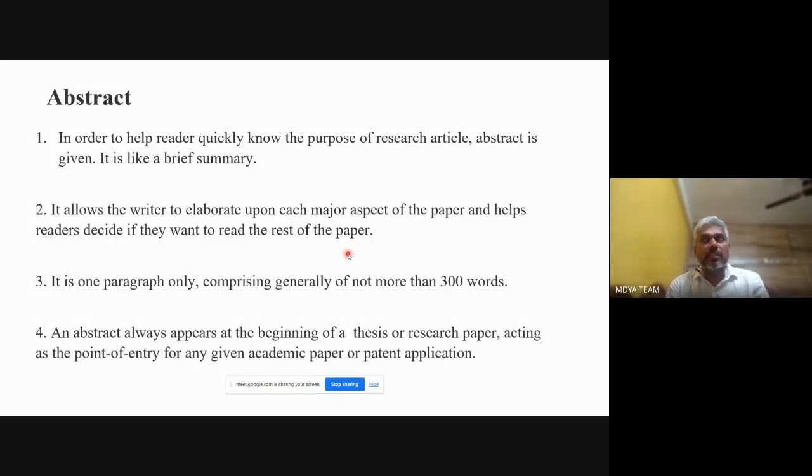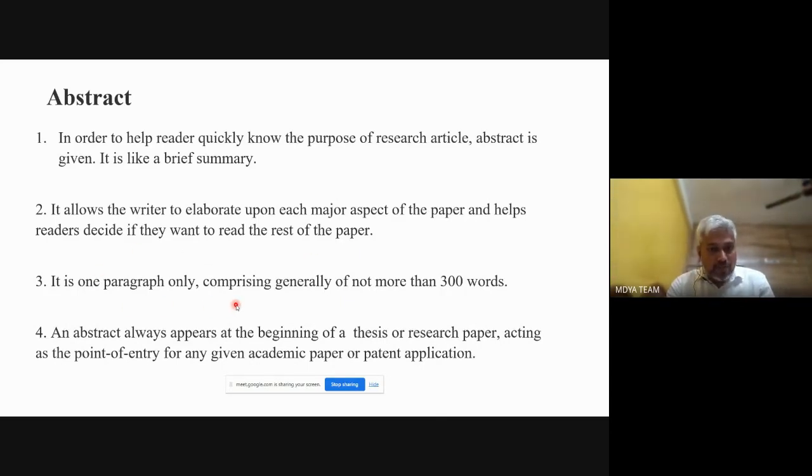The abstract gives complete information in a very summarized form to whoever would like to read the research paper. If you don't want to read the complete research paper, you just need to go with the abstract. The abstract gives the trailer of your research paper, thesis or article.